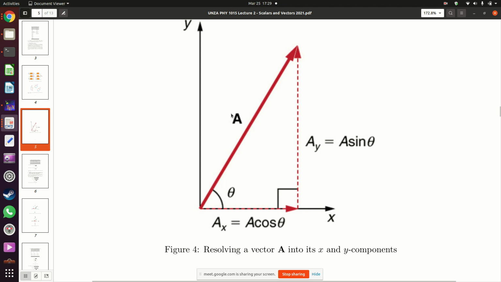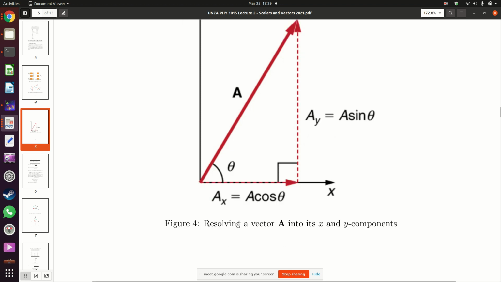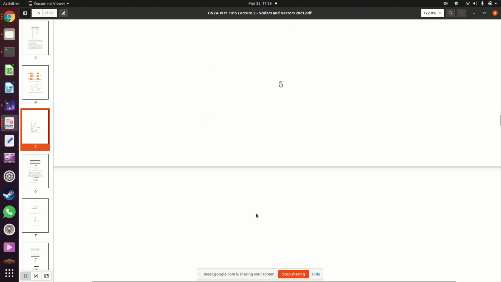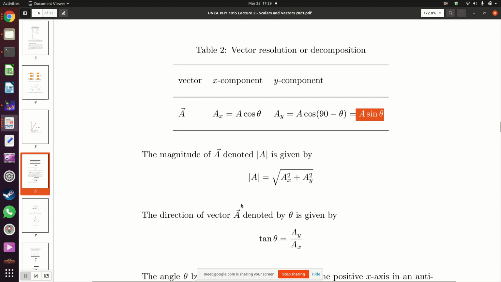So we can relate the size of the vector A to the components Ax and Ay. These three things, A, Ay and Ax, can be related to each other by using Pythagoras theorem. And that brings in something very interesting, in that if you know Ax and Ay, you can get A from Pythagoras theorem, and that's how we obtain the size of any vector from the components. So you have got a vector.